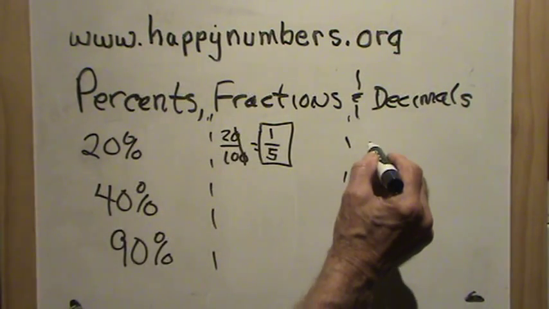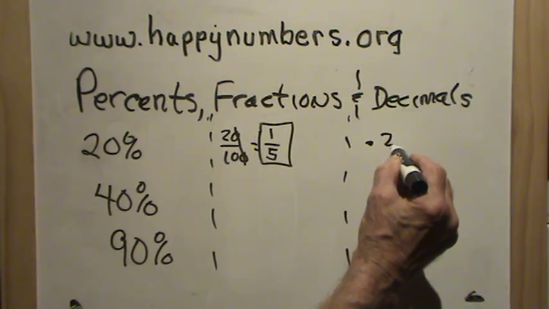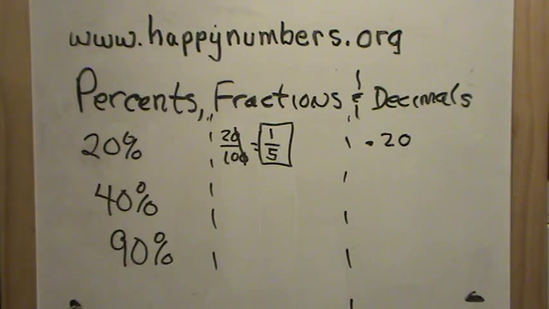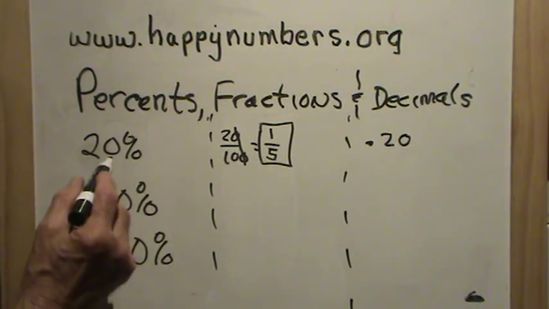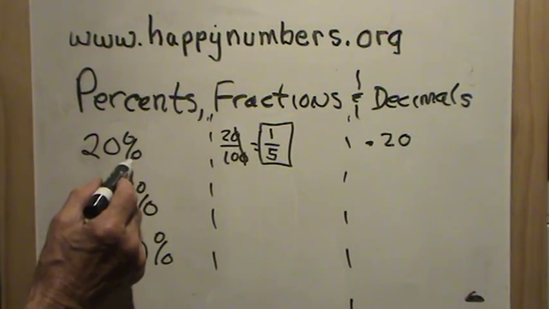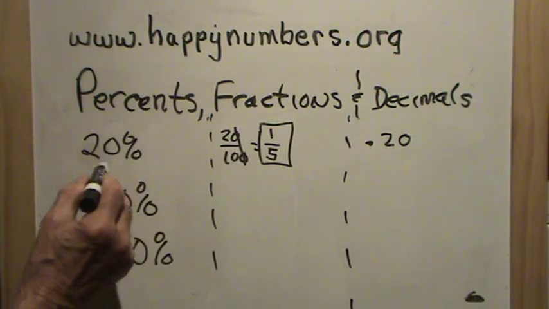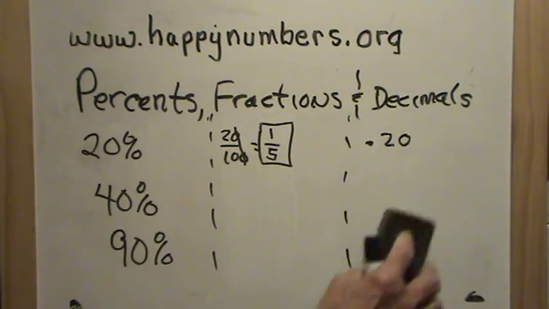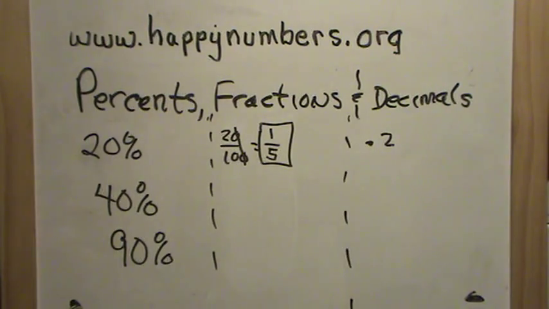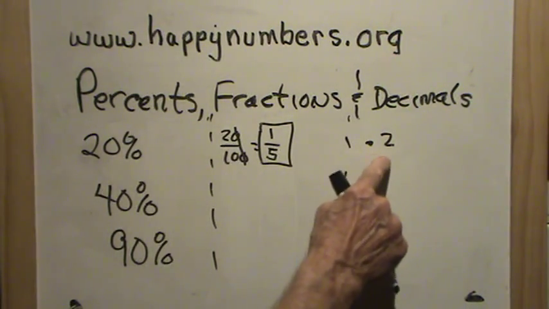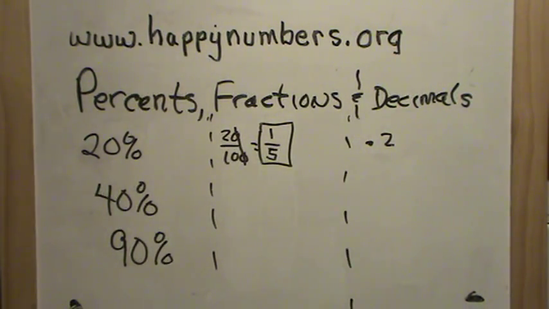And in decimal form, 20% would be 20 hundredths, because you remember we're moving from percent to decimal. We go this way, so we move 2 places. And then, of course, we can just take this off. So 20% is the same as 2/10. Excellent.